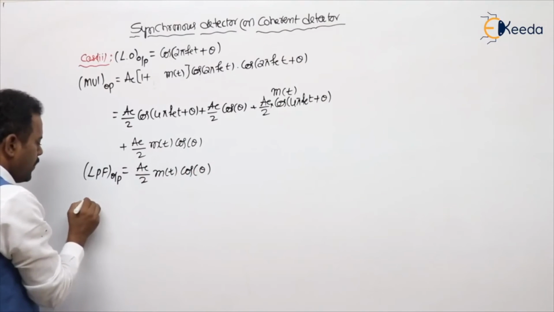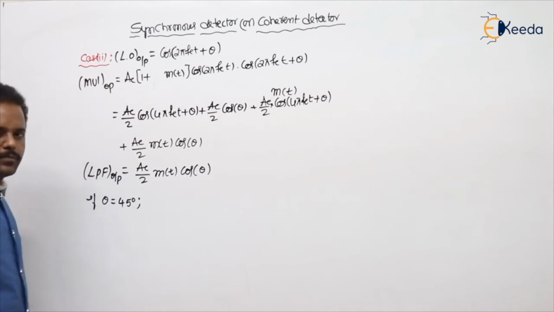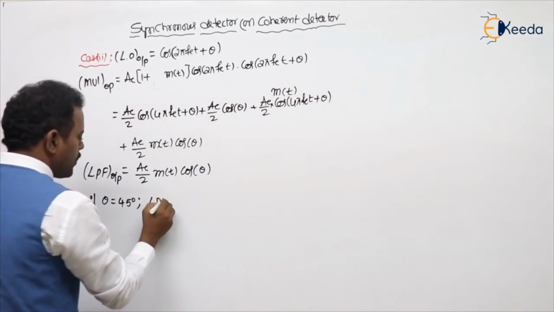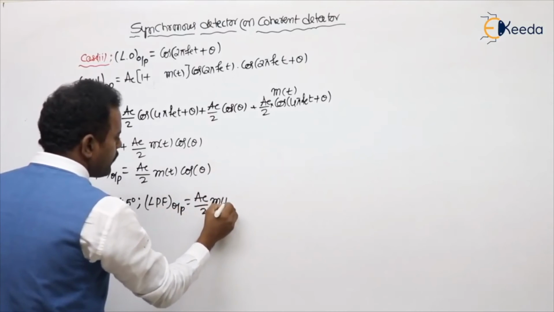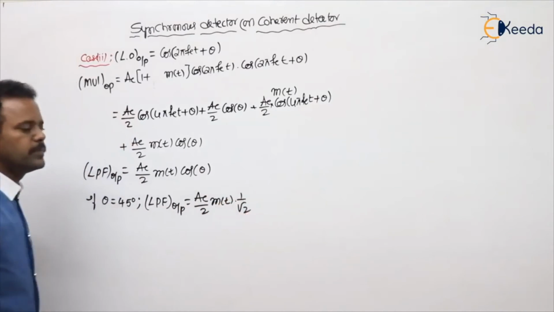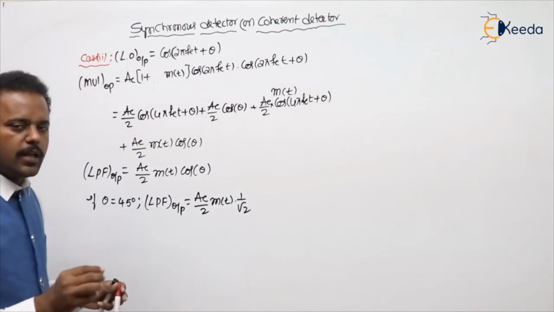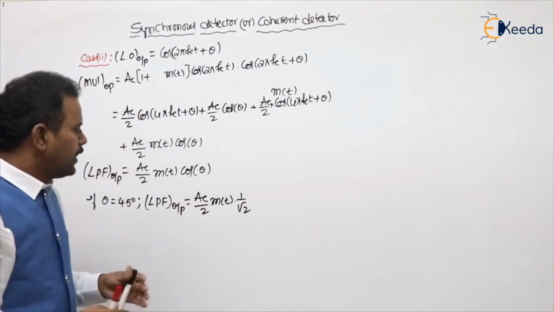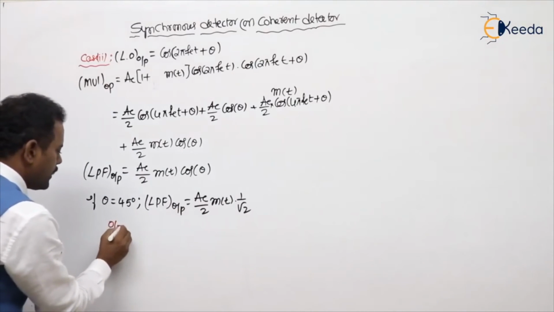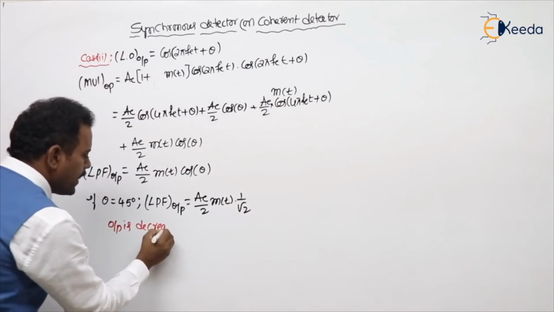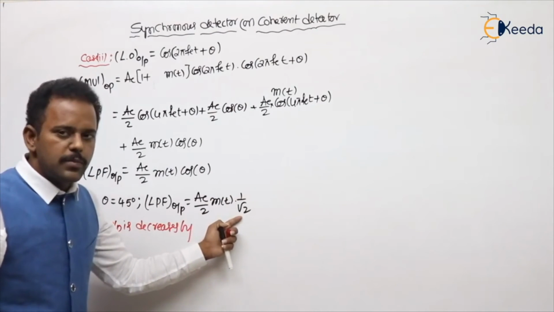Now follow. For example, if the phase difference is 45 degrees, then what is the low pass filter output? It is Ac by 2 into m(t) into cos 45, which is 1 by root 2. Compare with the original case, where we got Ac by 2 into m(t). Here it is multiplied by 1 by root 2. So the output decreases by 1 by root 2 times in terms of voltage.